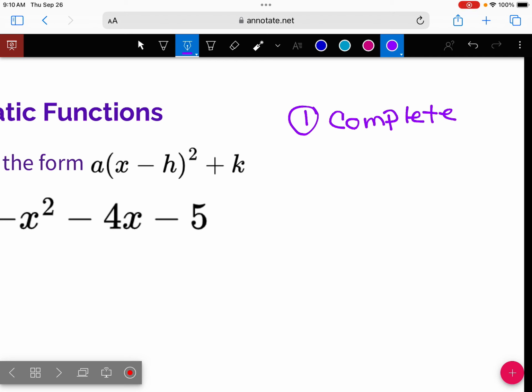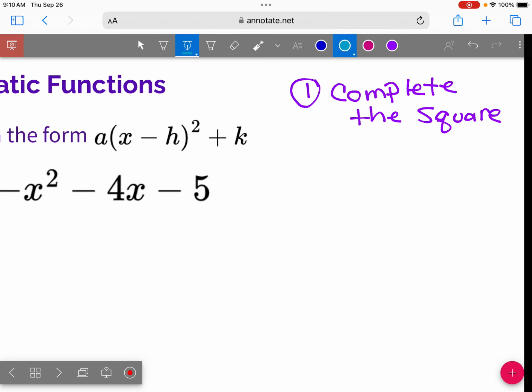Just like we did in circles. Which we could absolutely do. We would take our x pieces, we would factor out my a, so we'd remove that -1. We'd have our x squared plus 4x plus blank to make our perfect square. Totally fine, absolutely valid. Option 2 is to find the vertex with the axis of symmetry.